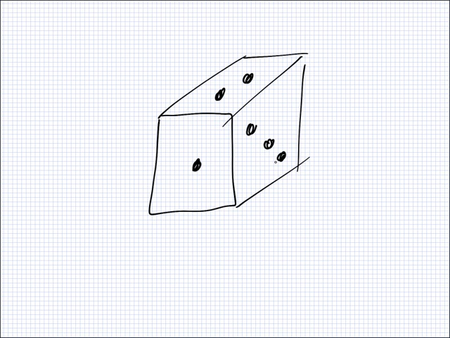Rectangle. Good. And thirdly, what shape was this? Cylinder. And lastly, this one? Circle. Yes? Okay.